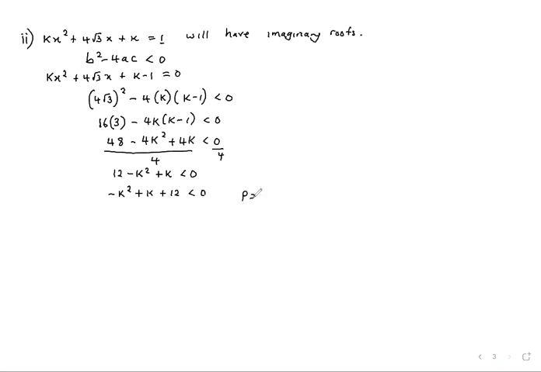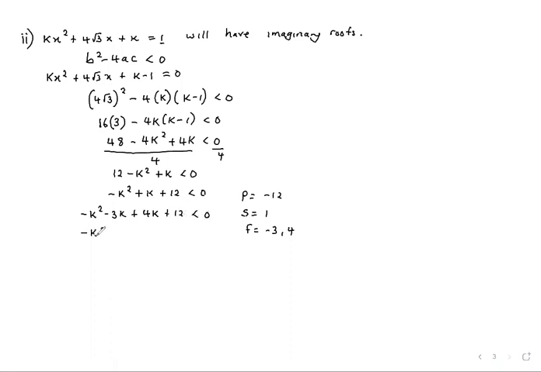So the product is -12, the sum is 1. So the factors should be negative 3 and positive 4. So we get negative k squared minus 3k plus 4k plus 12 is less than 0.